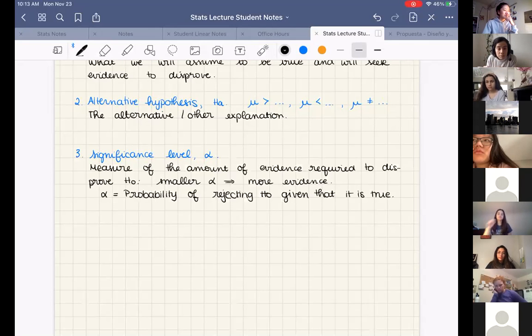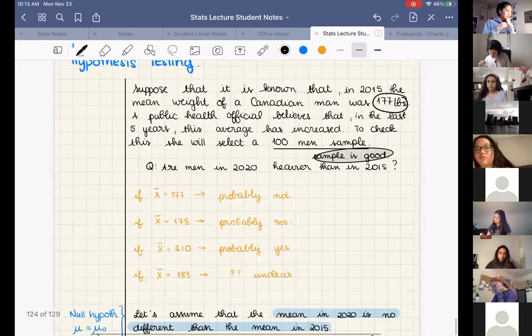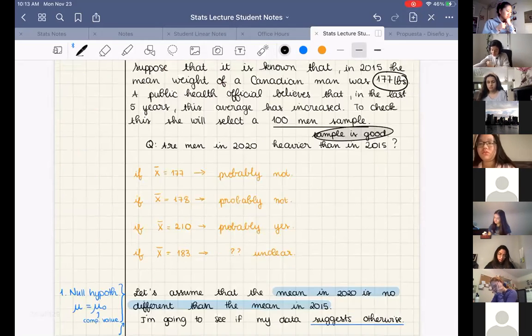Okay, so Kay is asking, I don't understand how you can have a probability to reject if it's already given that it is true. Okay, we don't know if it's true. What we're saying is, if it were true, if the null hypothesis were true, like in the example from last week, we said if the Canadian men had actually a mean weight of 177 pounds, due to random variation, it would still be possible for a sample of 100 men to have a very high weight, right?